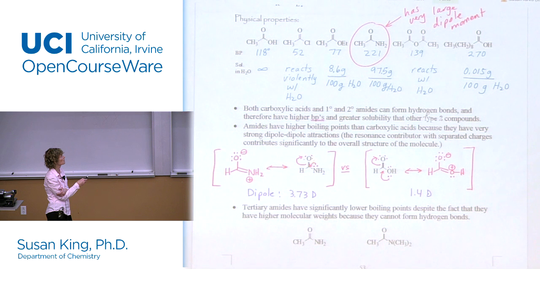So it moves electrons up onto oxygen, and we get a negative charge on oxygen and a positive charge on nitrogen. This can do the same thing, but it's not as basic, so it's not as likely to donate its electrons. We still form the negative charge on oxygen, but the positive charge is not as happy on oxygen as it is on nitrogen, right? So all those reasons combined.